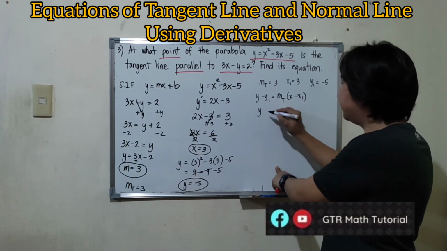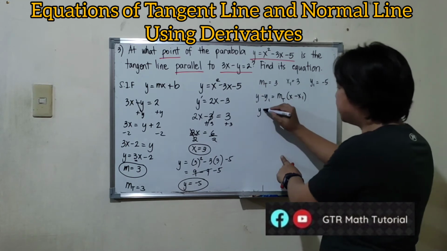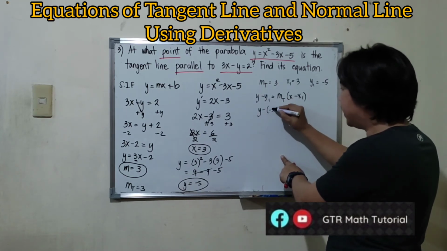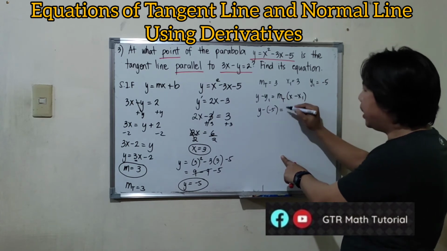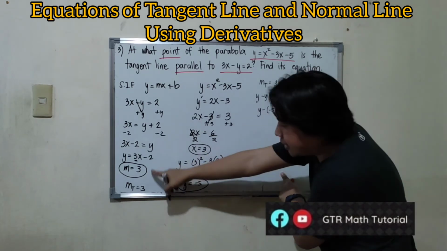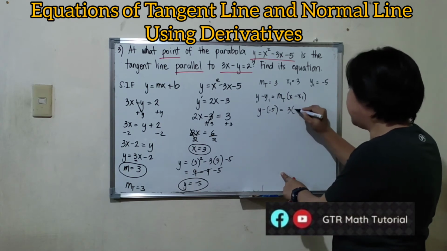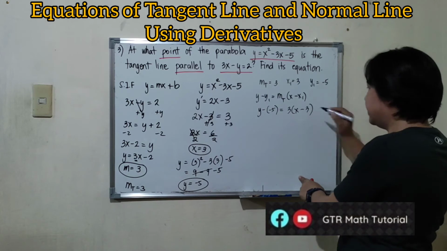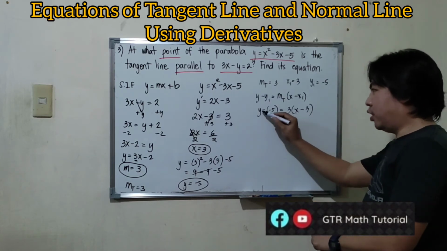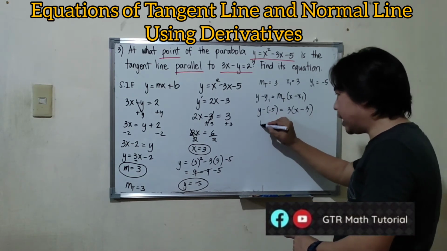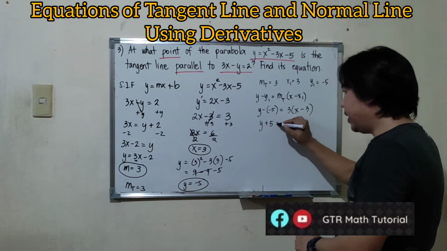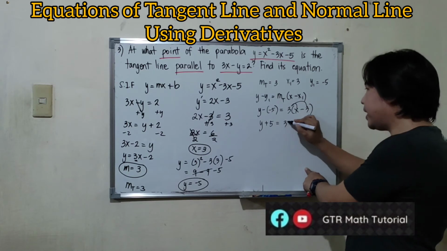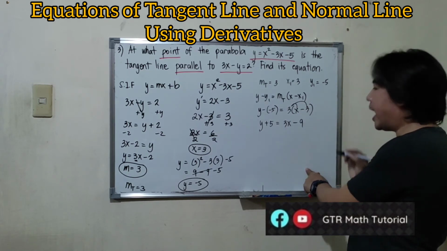We have y minus y sub 1, negative 5. So, minus negative 5. So, dalawa yung negative, equals slope of the tangent line. So, that is 3 times x minus x sub 1 is 3. Okay, simplify. So, y minus negative 5, so that is y plus 5, equals, distribute 3 to x and negative 3, so we have 3x minus 9.